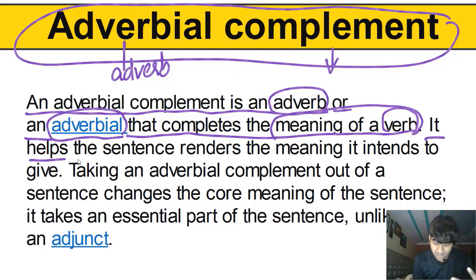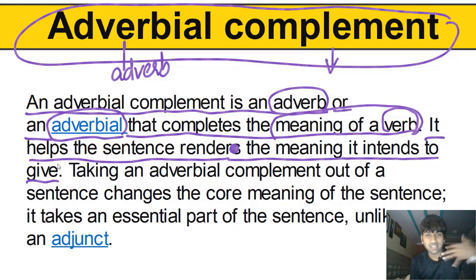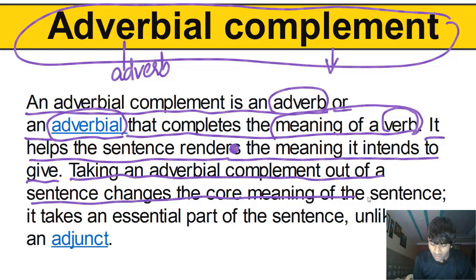It helps the sentence render the meaning it intends to give, that the writer wants to give. Taking an adverbial complement out of a sentence changes the core meaning of the sentence. So if you remove the adverbial complement from the sentence, the sentence will stop giving the meaning the writer wants to give.